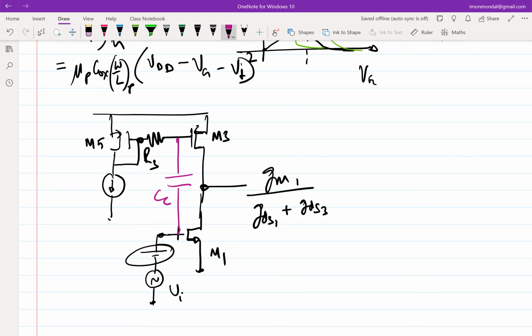Anybody? Now if I add the capacitor and assume the CC is shorted.